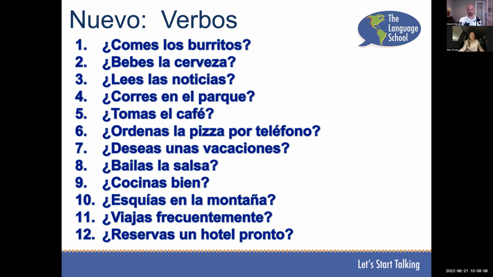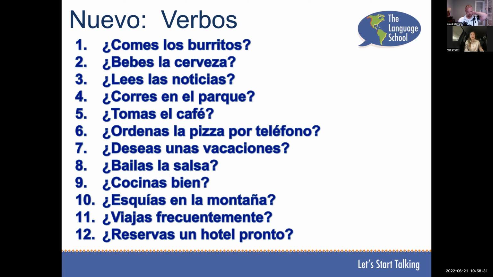Sí, deseo unas vacaciones. ¿Bailas la salsa? No bailo la salsa. ¿Cocinas bien? Sí, cocino bien. ¿Esquías en la montaña?